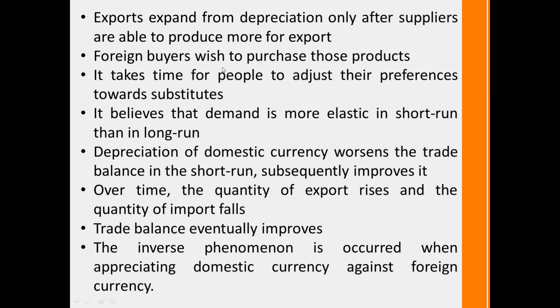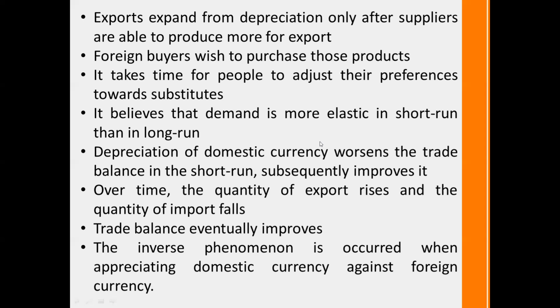As well as the domestic producer has to be ready to provide that excess demand for export. Then we are expecting that export demand increases, but we don't see that export demand increase in the short term, right? Therefore, our export income is not increasing overnight as a result of the domestic currency depreciation.